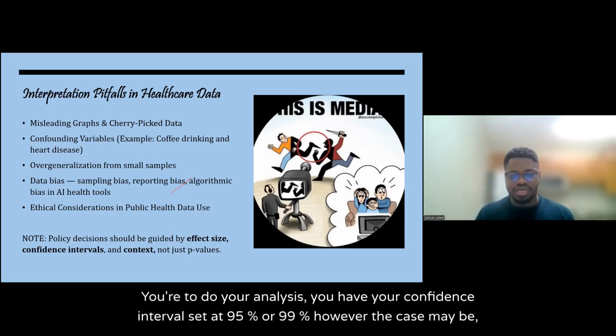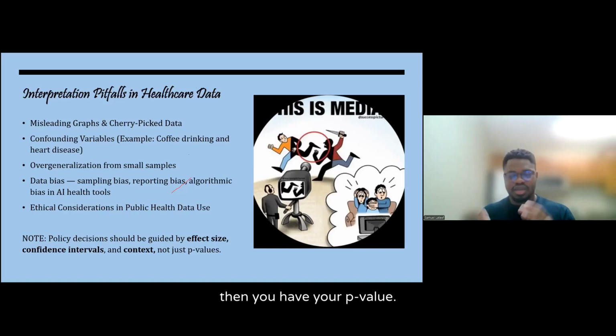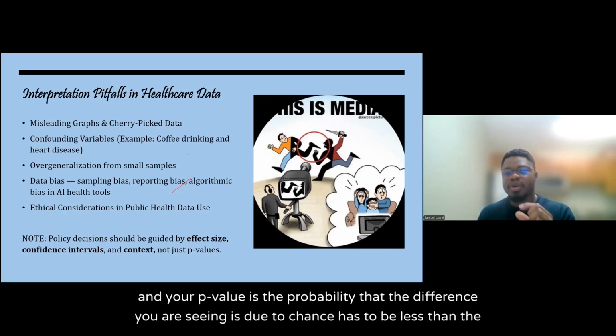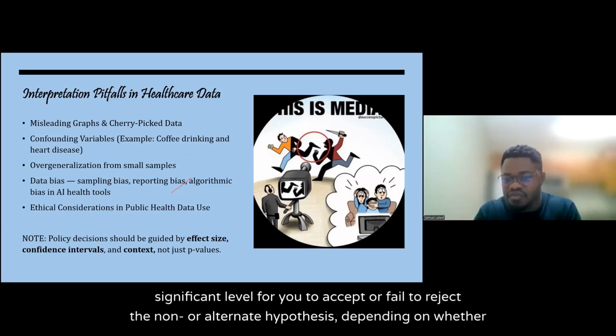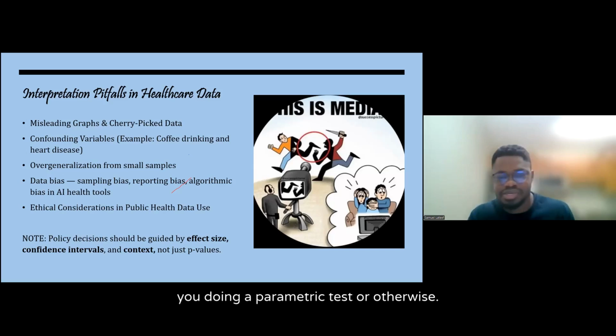You go on to do your analysis, you have your confidence interval set at 95% or 99%, however the case may be, then you have your p-value, and your p-value is the probability that the difference you are seeing is due to chance. It has to be less than the significance level for you to accept or fail to reject the null or alternate hypothesis, depending on whether you are doing a parametric test or otherwise.